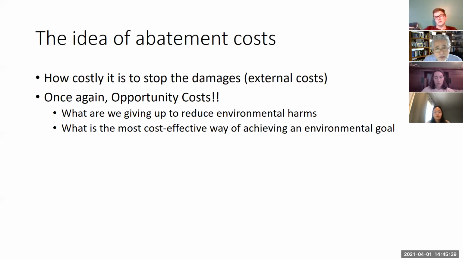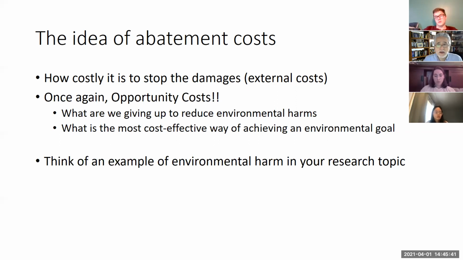So I want you to think for next week, for your particular research topic, which is the type of environmental harm that you are analyzing in your essay 2, because you will be doing that in your writing. Just as in the case of the banana production, it was the use of this pesticide that harms the health of the fishing and the health of the fishermen and the fishing people.